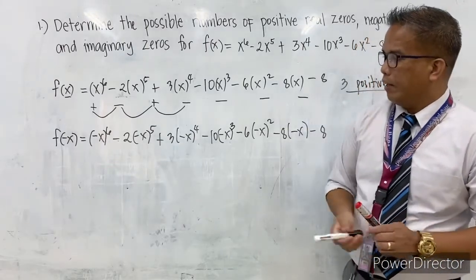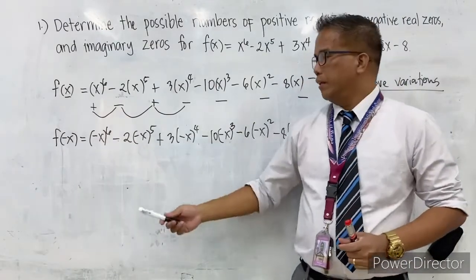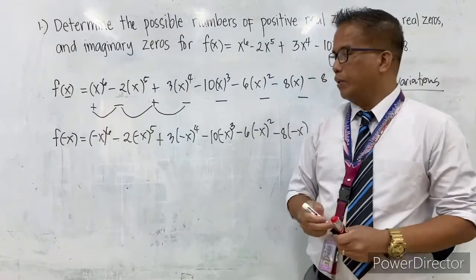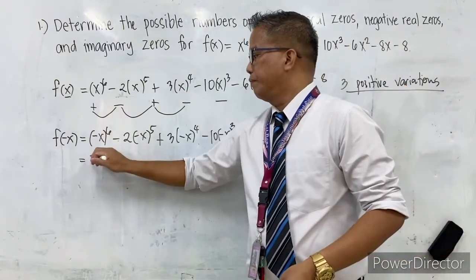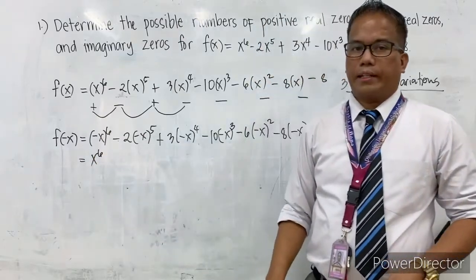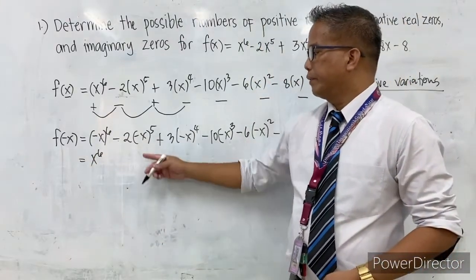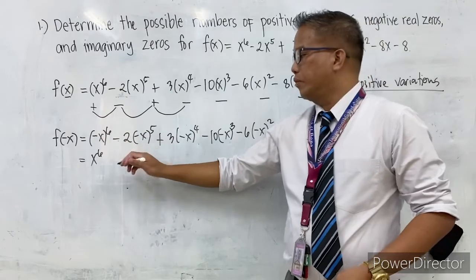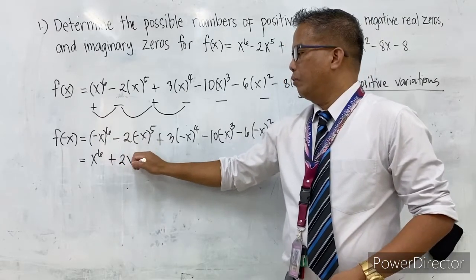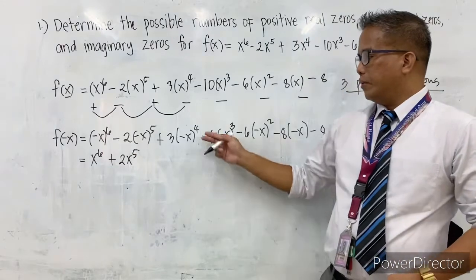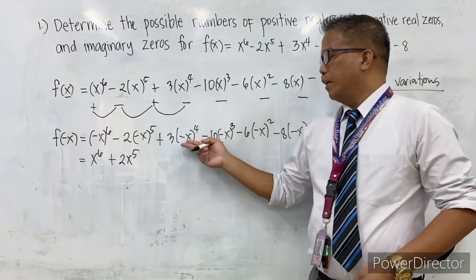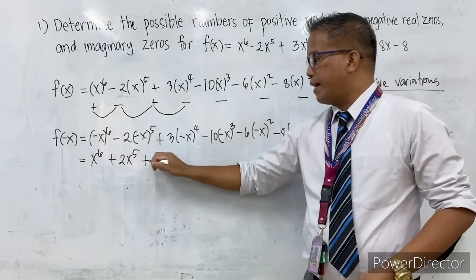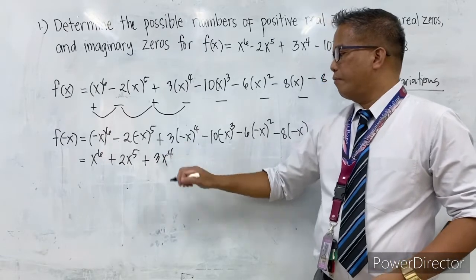After that, we will simplify this. If the exponent is even, the answer will be positive. So positive x raised to the 6th power. Then since the exponent is odd, it becomes negative, then multiplied by negative 2, it becomes positive 2x raised to the 5th power. This is an even exponent, so negative x raised to the 4th power is positive. So just copy the sign, plus 3x raised to the 4th power.